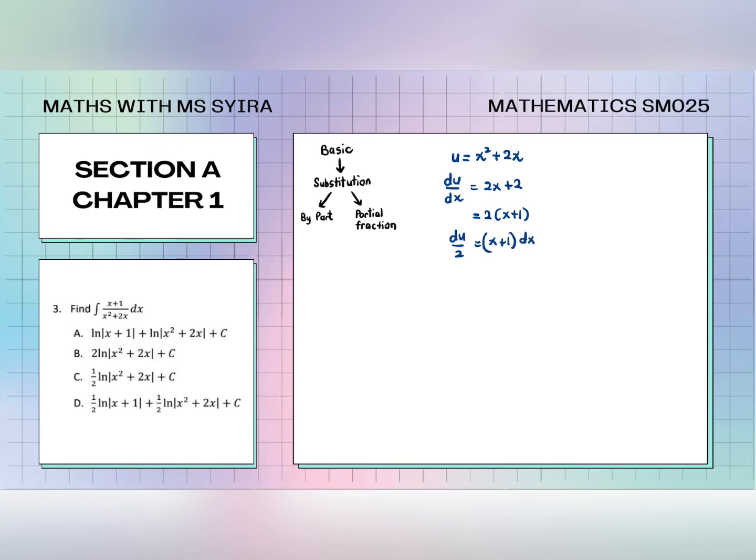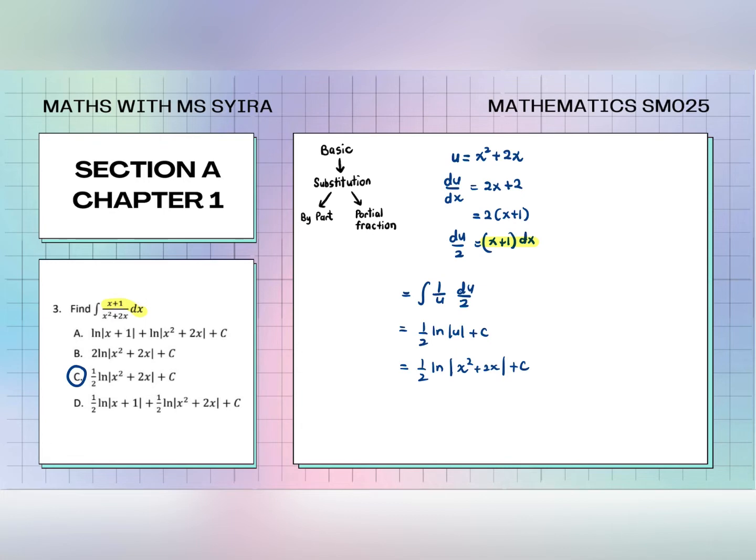This will be our numerator, x plus 1 dx. That means we are going to integrate 1 over u du over 2. So it will be 1 over 2 of ln u plus c, and our u will be x squared plus 2x. That means our final answer should be C.